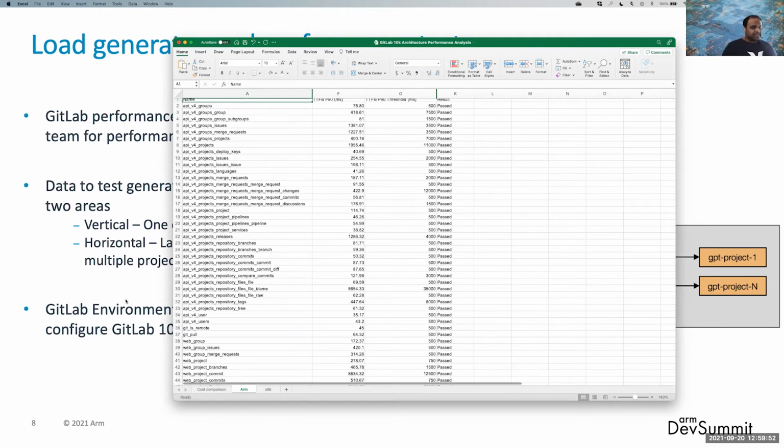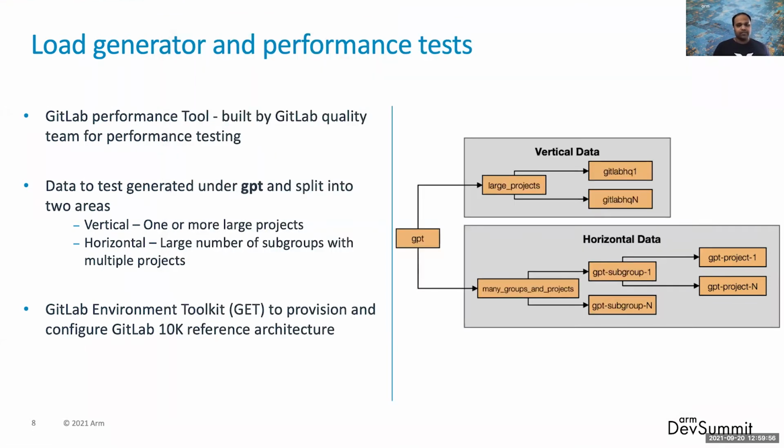The next thing that I wanted to mention is, in order to provision all this infrastructure, the components that we talked about, we use what is called the GitLab Environment Toolkit.